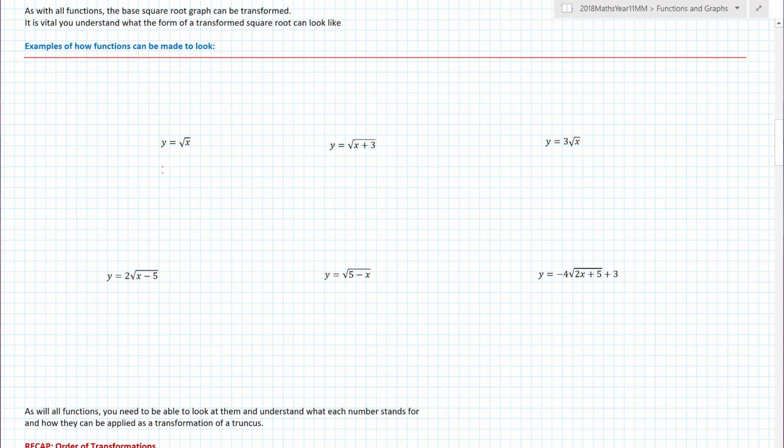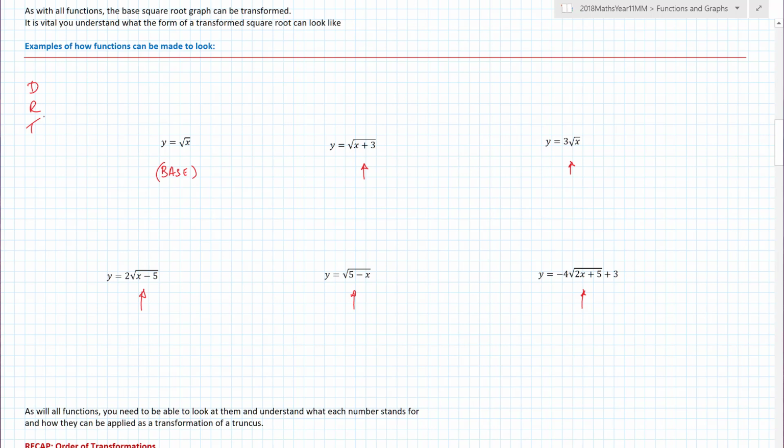So if we assume this one here is my base function, which it is, I mean, there's no assumption needed, then we can put a +3. We can multiply the base function by 3. We can multiply the base function and seemingly put a -5 under there. We can write it in a completely different way, or we can just make it look gross. And as I'm sure you're all aware, these are actually examples of dilations, reflections, and translations.